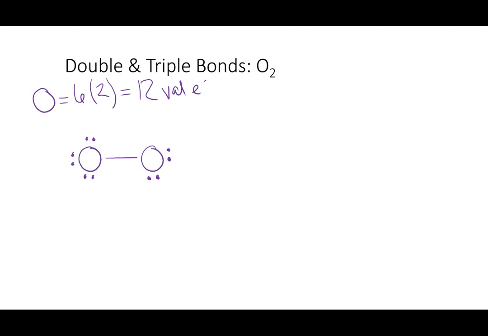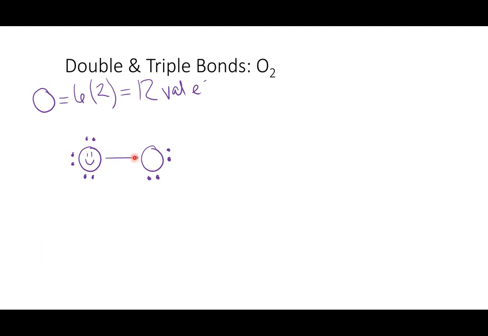But what do you notice about this Lewis structure? Well, this oxygen on the left here is happy, right? He's got 1, 2, 3, 4, 5, 6, 7, 8. So he's got an octet. He's happy. But what about this oxygen on the right?